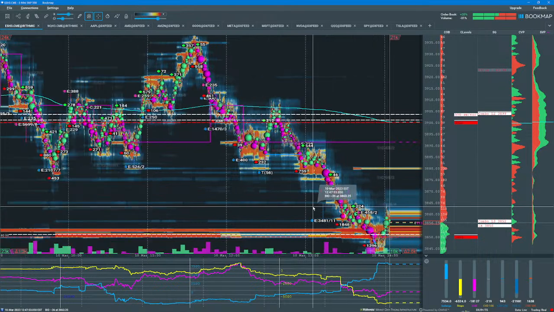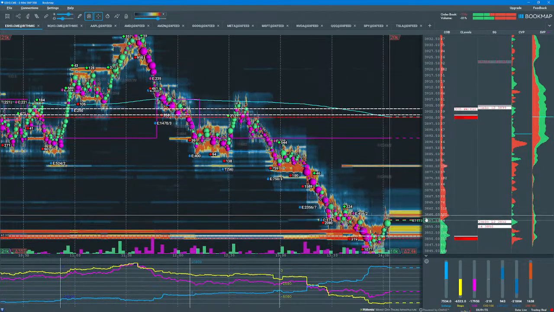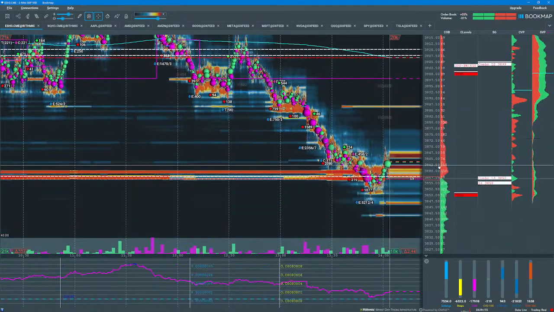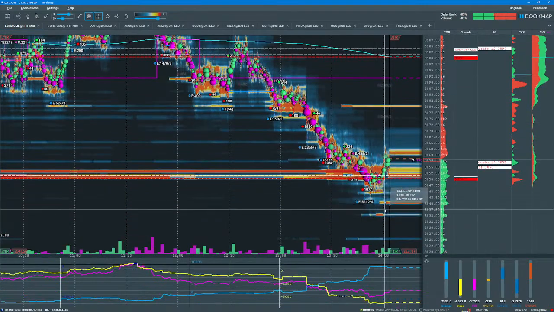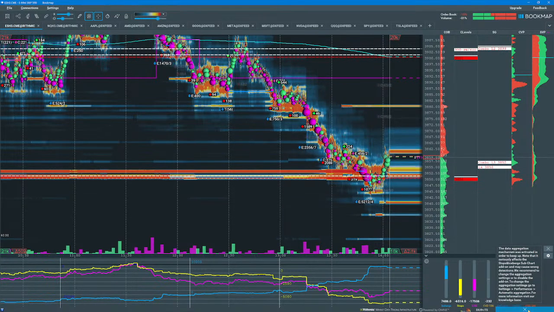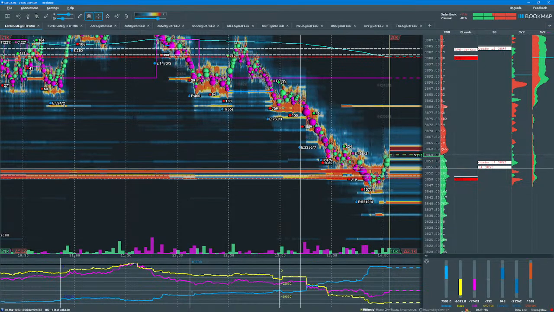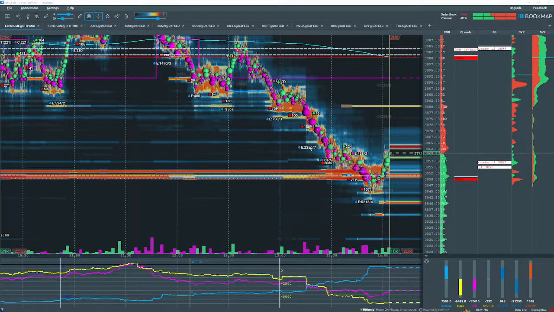I'm going to zoom in on this level, and let's scroll up just a little bit. All right, interesting to note, and this is pretty typical behavior of larger traders, these iceberg orders.